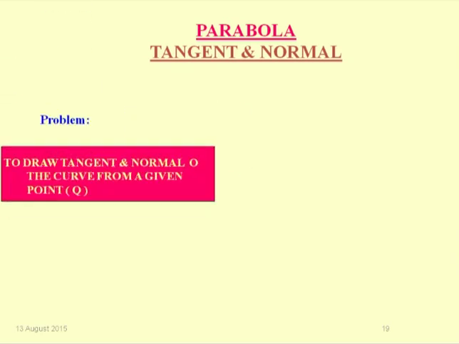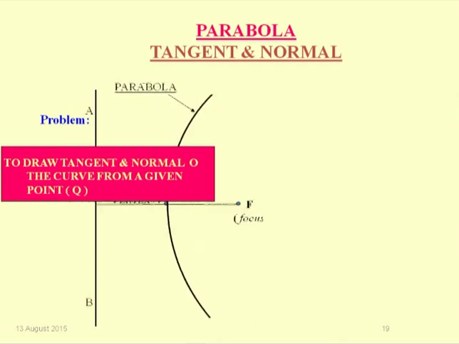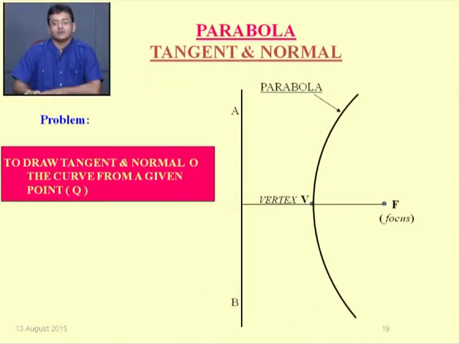Now, how to draw a tangent and normal to the parabolic curve? Let us understand how to draw tangent and normal. Here you have already drawn a parabola by a different method.